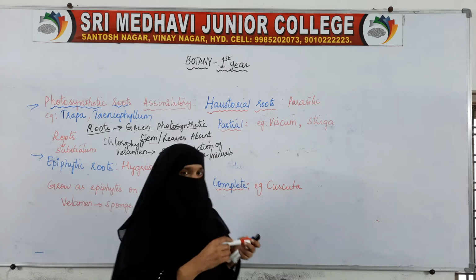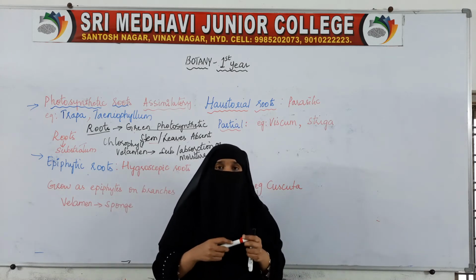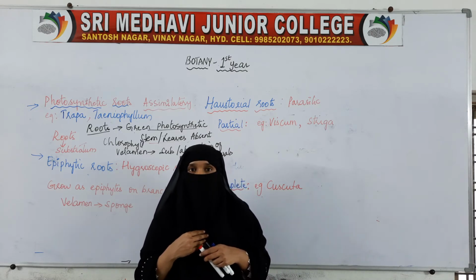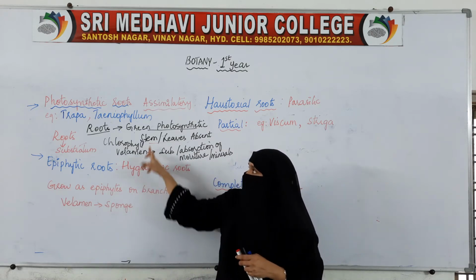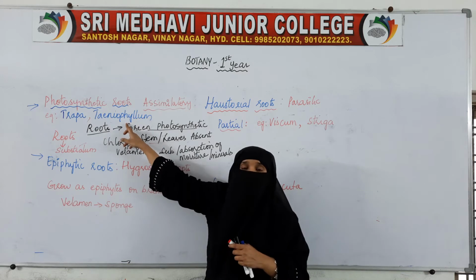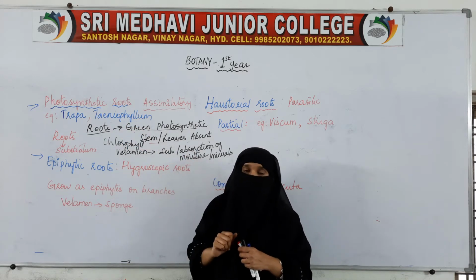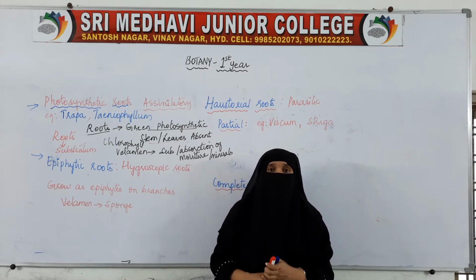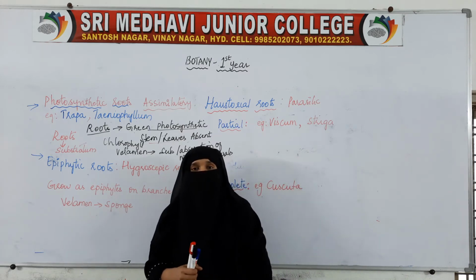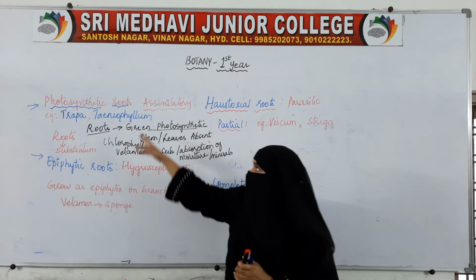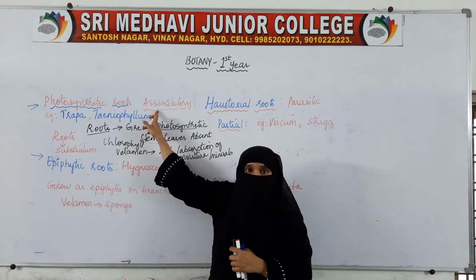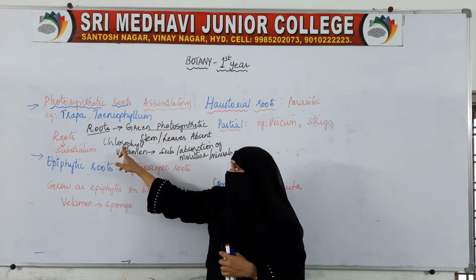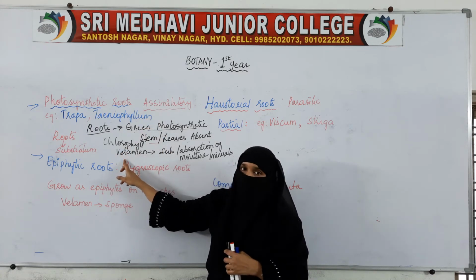So such roots, which perform the function of photosynthesis in the absence of leaves, are called photosynthetic roots or assimilatory roots. They are able to perform photosynthesis because of the presence of chlorophyll and velamen.